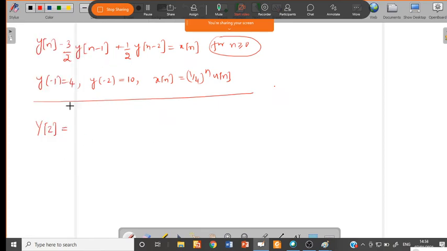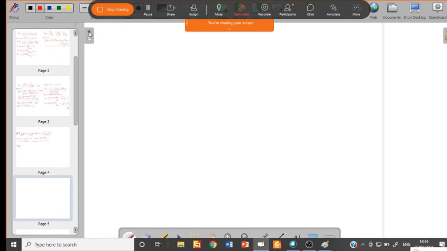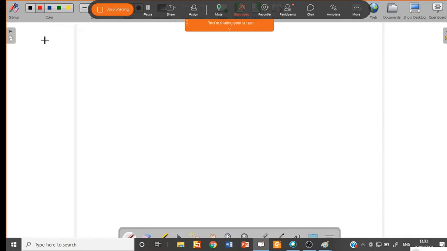We will do one more problem, so a different kind of problem. Okay, so now determine the step response of the system, which is given by y of n equal to alpha into y of n minus 1 plus x of n.